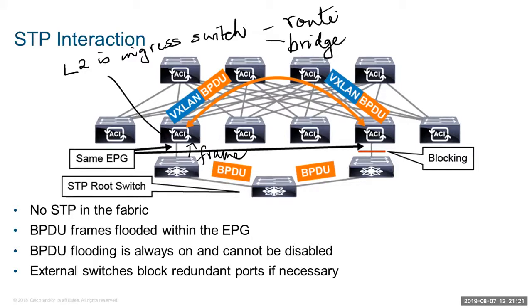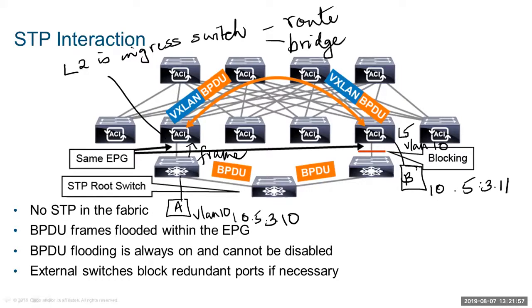Okay. Let's say it's coming in from A and going to B, which is attached to L5. They're in the same VLAN. The IP addresses are 10.5.3.10 and 10.5.3.11.